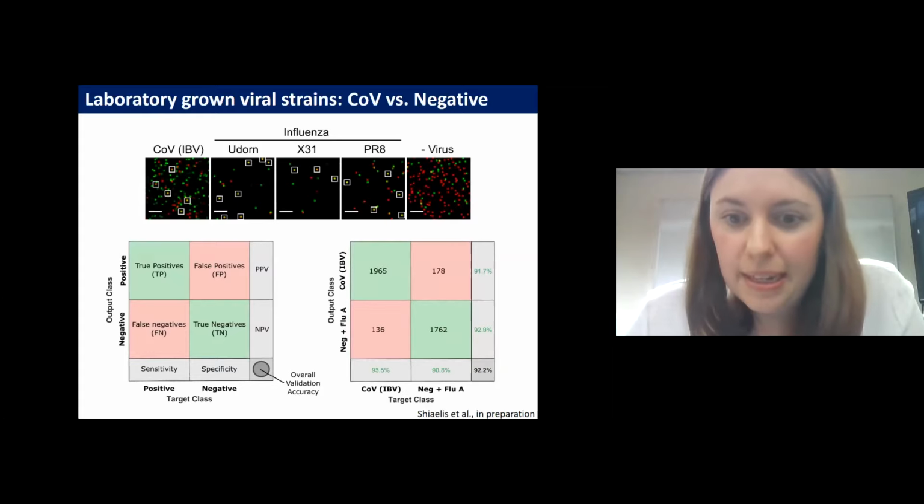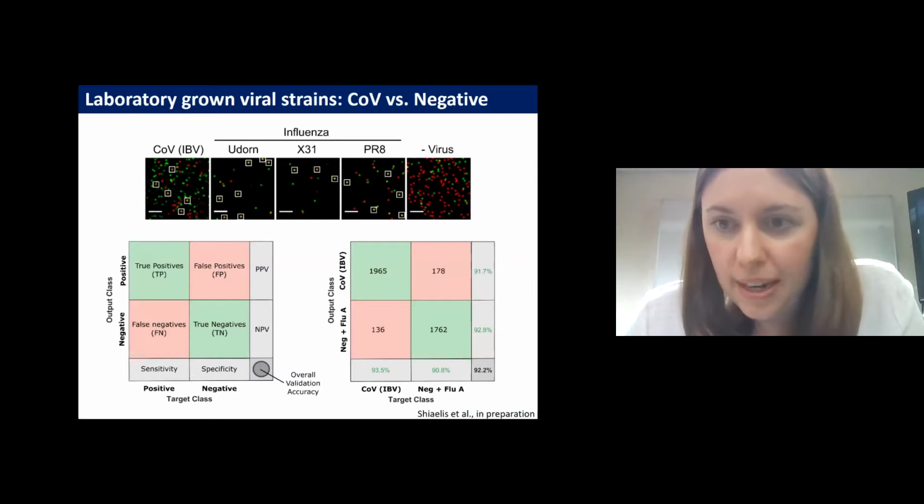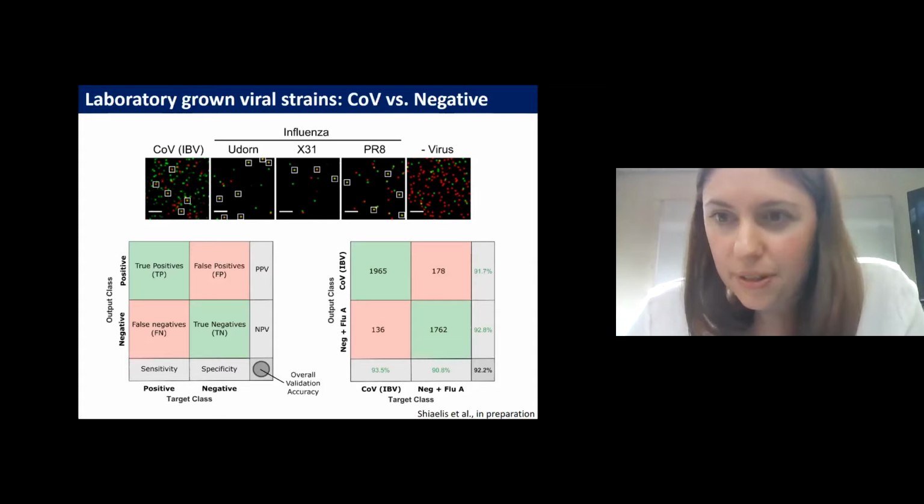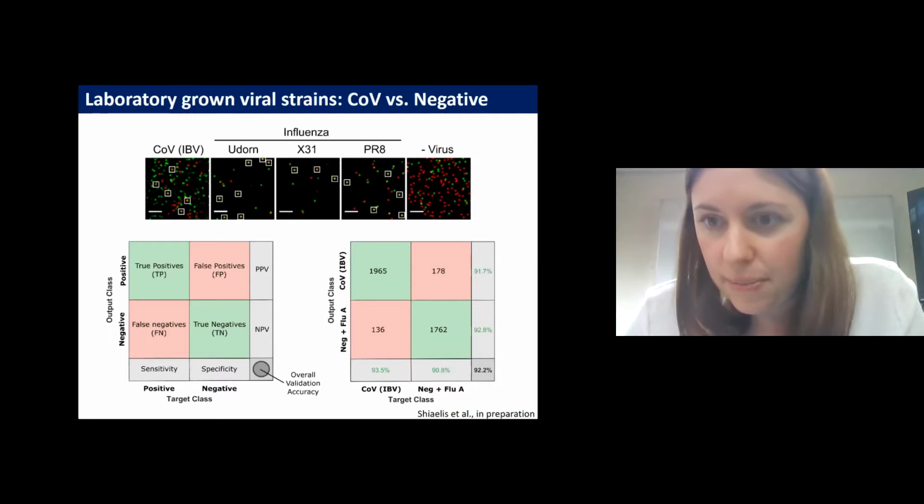And similarly, if we pooled together the negatives with all of the flu strains, we could really nicely distinguish IBV from that as well. So that's quite exciting from a clinical point of view. We'd be able to train a network to pick out coronavirus and distinguish it from other types of viruses that might be present in a sample.